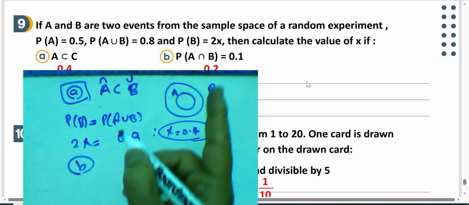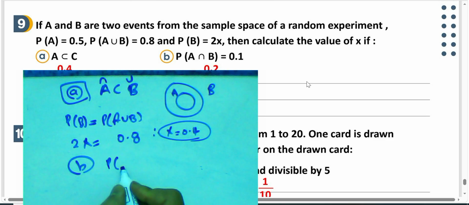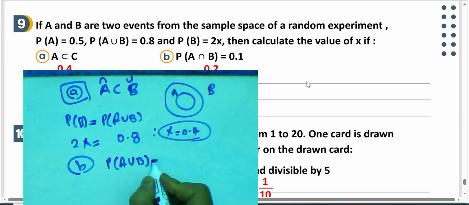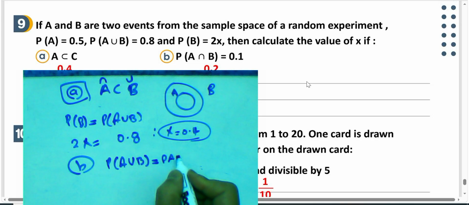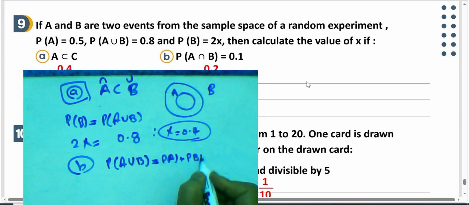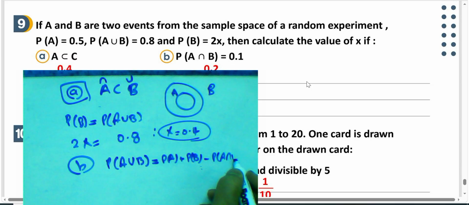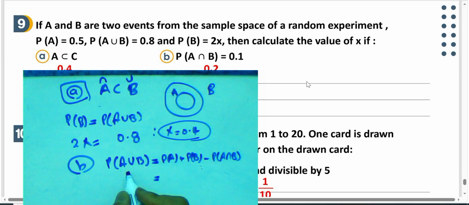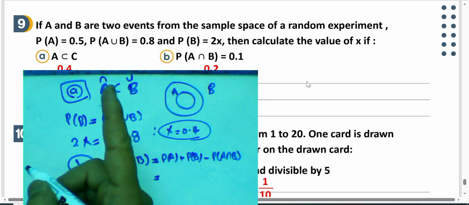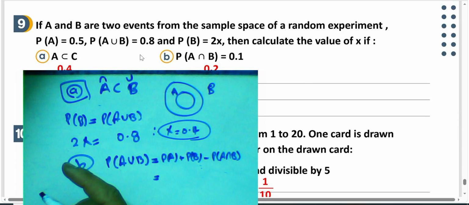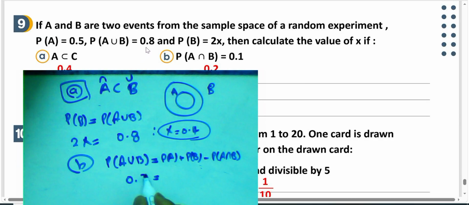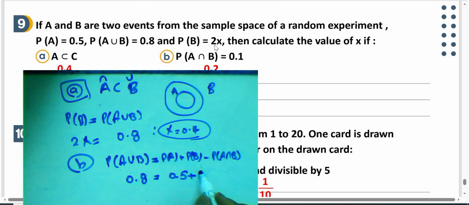We can use this method to find probability of A union B, equivalent to probability of A plus probability of B subtract probability of A intersection B. Probability A union B, he gives you in the example, is 0.8. Look at here, 0.8 is equivalent to probability of A, which is 0.5 here, plus probability of B, which is 2x, subtract the intersection, which is 0.1.